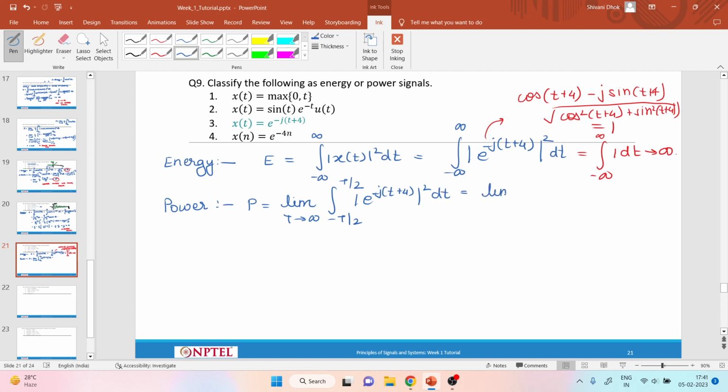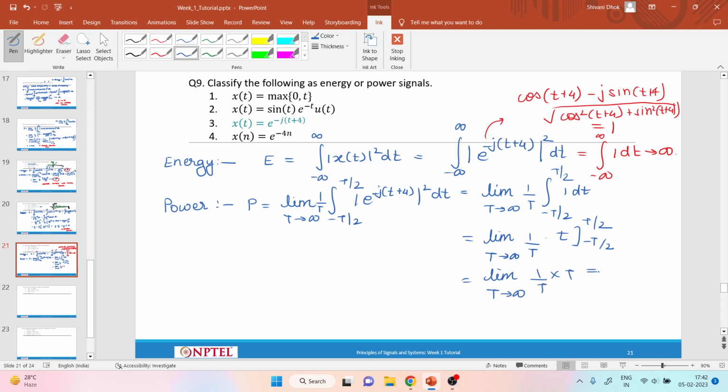This is equal to limit t tending to infinity 1 by t integral from minus t by 2 to t by 2 of 1 dt, and this comes out to be limit t tending to infinity 1 by t into t, which comes out to be 1.